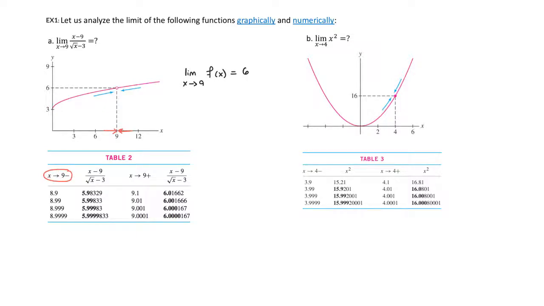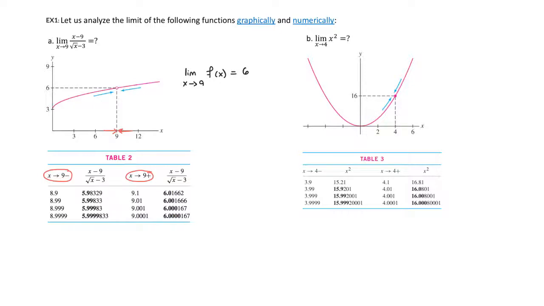But right now, just informally, this notation means that x is approaching 9 from the left. This tiny negative means from the left. And here, this is telling us that x is approaching 9 from the right of 9. But again, in a few minutes, I will carefully elaborate on this notation.